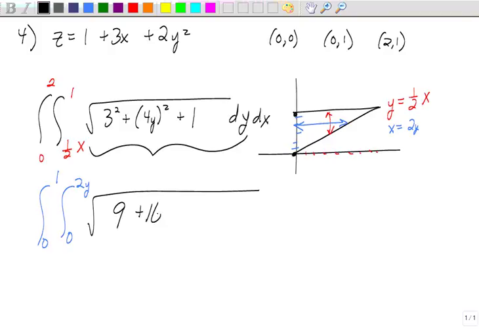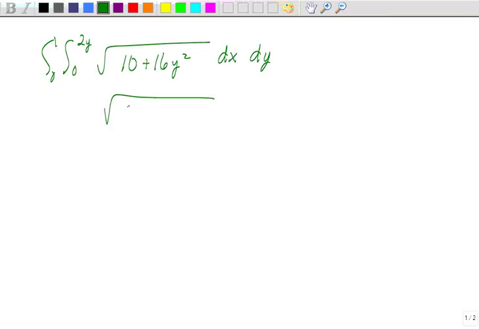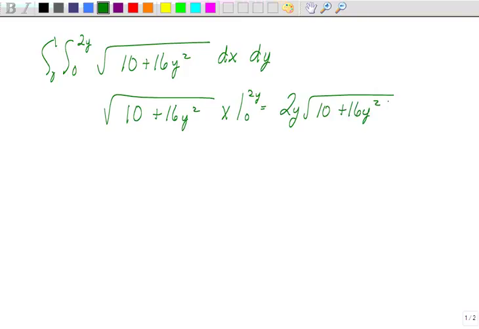So that's going to be the square root of 9 plus 16y squared plus 1, dx dy. Well, that's going to be a lot easier because that's just a constant with respect to x. So we have that's just going to be this. And then we're going to integrate that with respect to y.